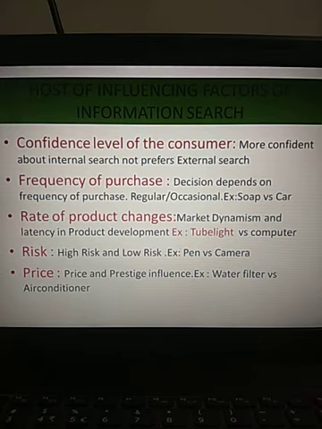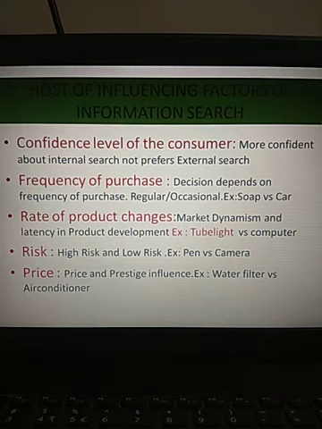Now, the host of factors influencing information search. The first is the confidence level of the consumer. If the consumer already knows the product and has been purchasing it very frequently, like shampoo, toothpaste, or soap, he need not waste time again to get information about that product.